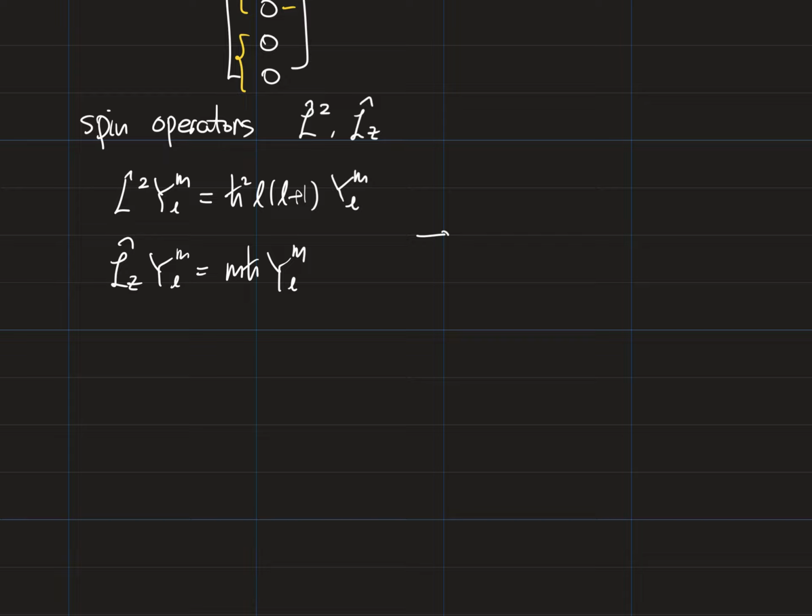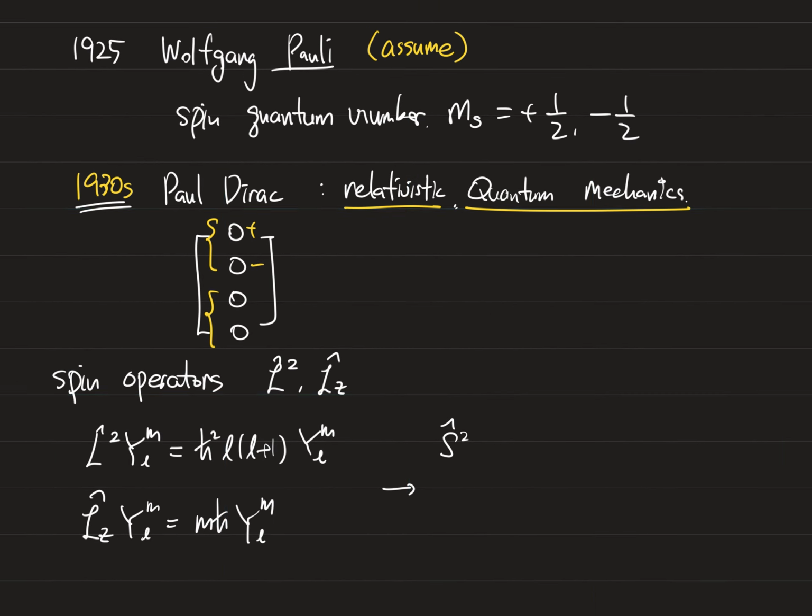So similarly, S squared. We are going to designate m sub s equal to plus half as the alpha spin. Maybe you don't need bracket notation, just alpha spin, and m sub s equal to minus half is the beta spin.